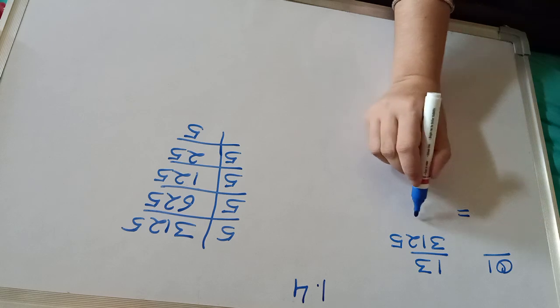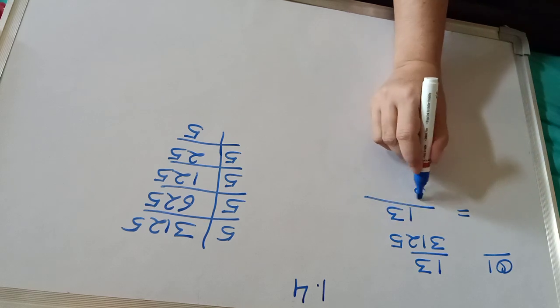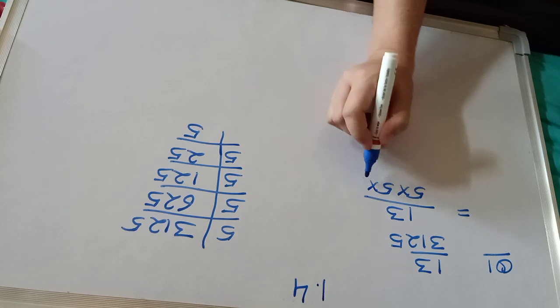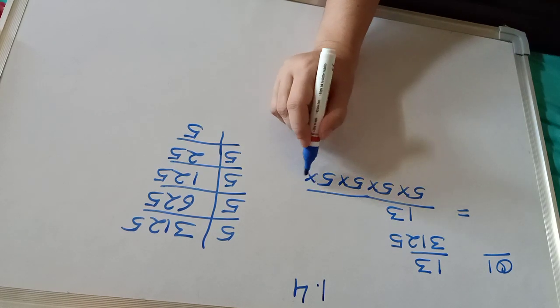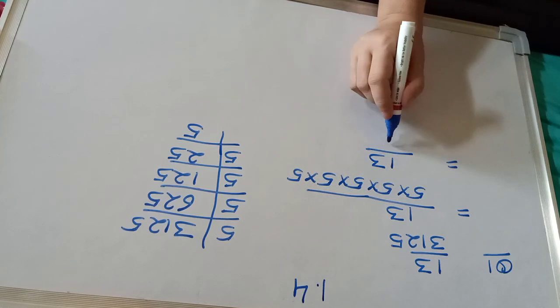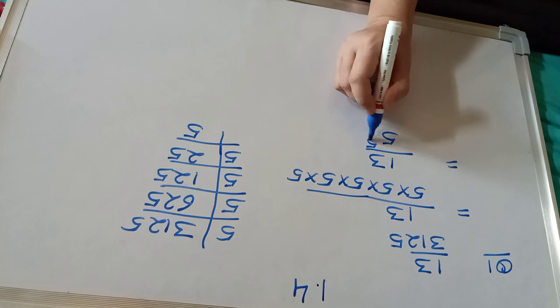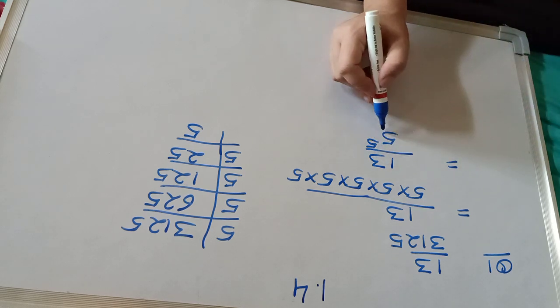It means it can be written as 13 upon 5 into 5 into 5 into 5 into 5, that is 13 upon 5 raised to power 5. Now 13 and 5 raised to power 5 are co-prime.